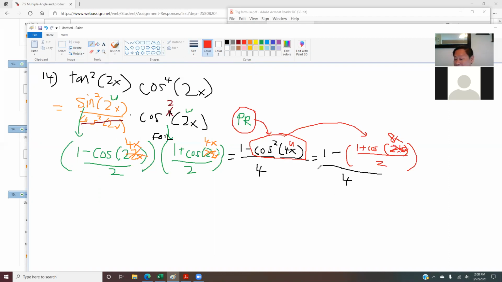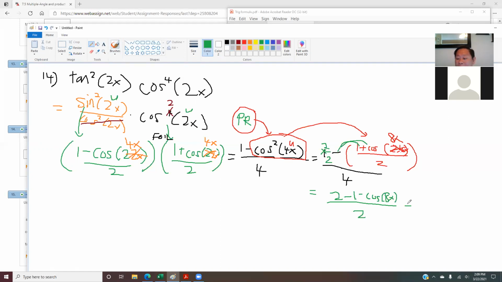So this is your answer, but I want to make it nicer because this is not simplified. What I do in this case is I will make this 1 become 2 over 2, so my denominator is all 2. And then this negative, I have to distribute inside. So I will get 2 minus 1 minus cosine of 8x.